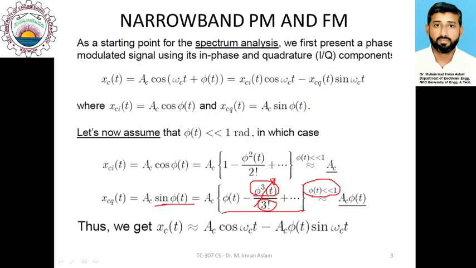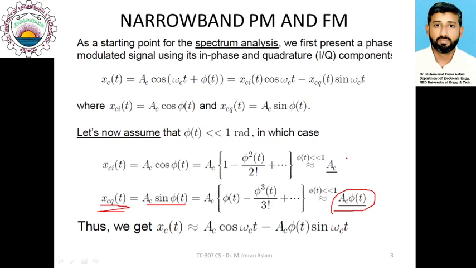So we can conveniently ignore all the higher order terms, and you will be left with only one term, which is phi t, and once it's multiplied by AC, the approximate value of this function comes out to be AC phi t. Therefore the quadrature component can be approximated as AC phi t.